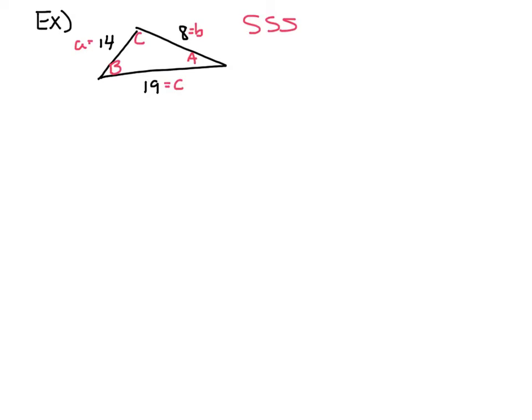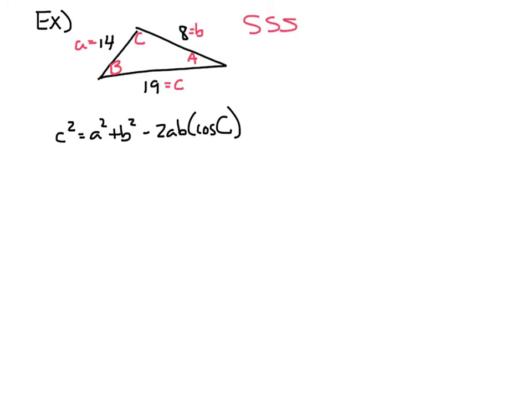So I know this 19, so I'm going to be using c squared equals a squared plus b squared minus 2ab times the cosine of angle C.